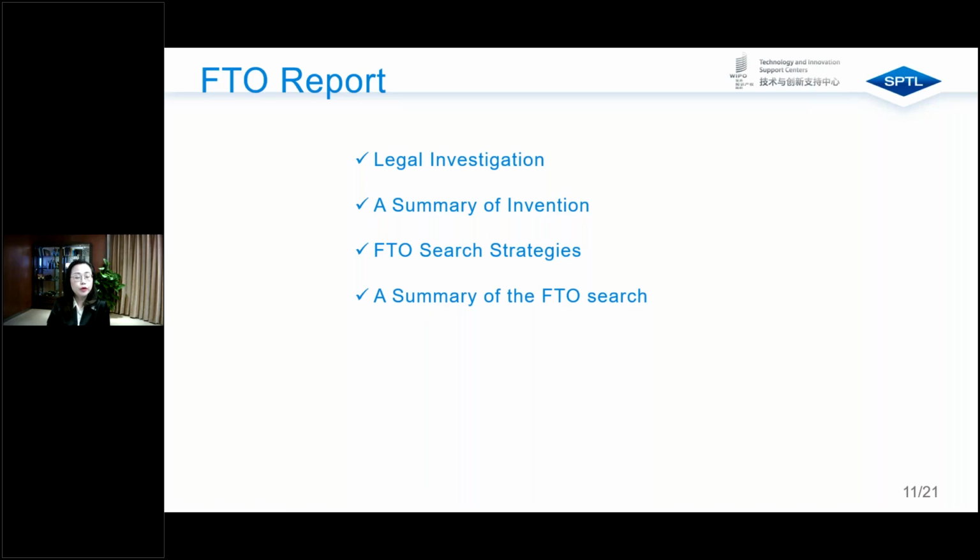Then it's a summary of the FTO search. In this part, it should provide a brief summary of the search result. For example, how many documents were found, how many were identified as potentially relevant patent documents and selected for further analysis, and what are the criteria for identifying a search result as a potentially relevant patent document and selecting it for further analysis?